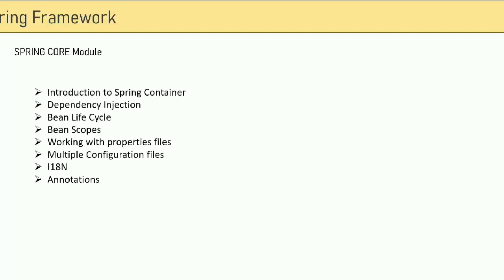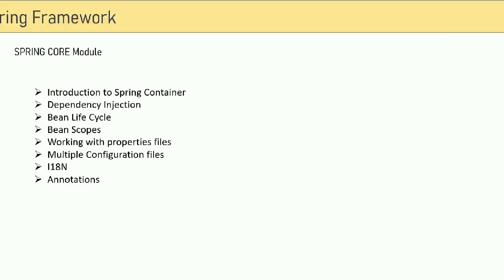In this core module you will learn some of the most important things, and some things which are really new for you, like how Spring is called a loosely coupled application, and what the container is. If you have done any course related to servlets and JSP before, you might know there are containers, like the Tomcat container, which you might have used.